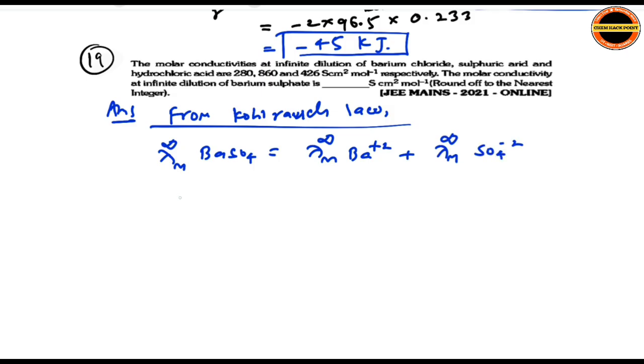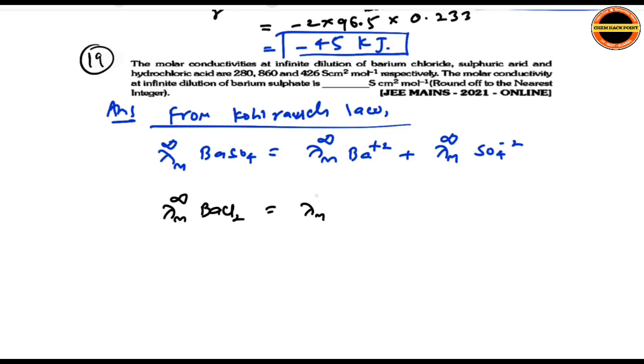These values are given. All other values are given here because they mention sulfuric acid, barium chloride, and certain other values. So how will you get the equation? To get this equation, we need to find this one. They are asking about barium sulfate. So how to get this equation? They gave respective values. What are those? Barium chloride they gave.